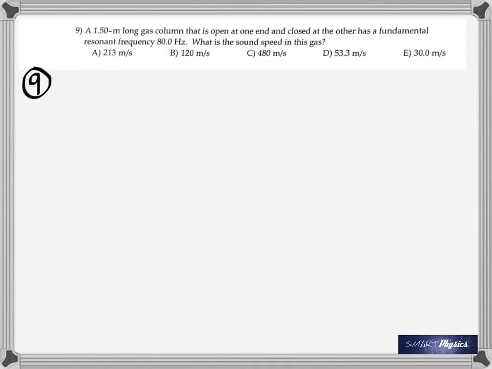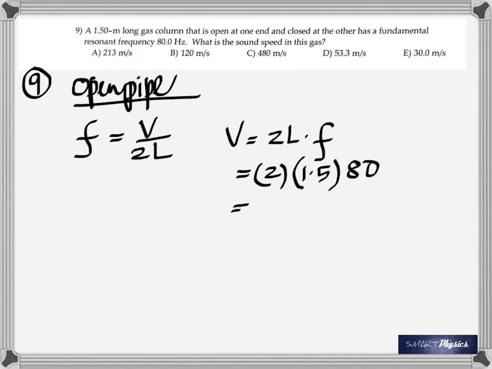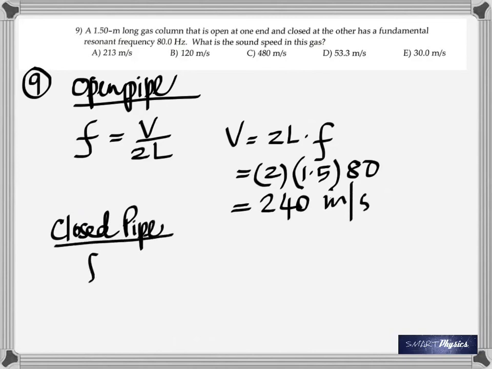Ninth one is about an open, no, it's a closed pipe, because it's open at one end and closed at the other, and the fundamental frequency is given. What's the speed of sound in this gas? Nothing can be easier than this. Just have to remember that if it's an open pipe, I'm just doing this to show you the difference. If it was an open pipe, then the speed would have been 240 meters per second.